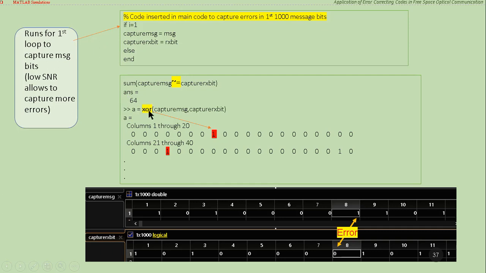To see those 64 errors, I simply XORed them to result in ones when there is dissimilarity between the message and the received message. So these ones highlighted, this is at the eighth number and the 8th bit is in error. The one that was transmitted was actually received as a 0 in the 8th bit.